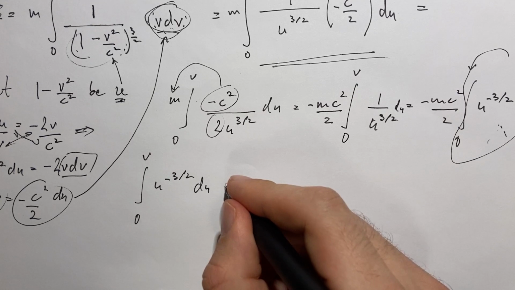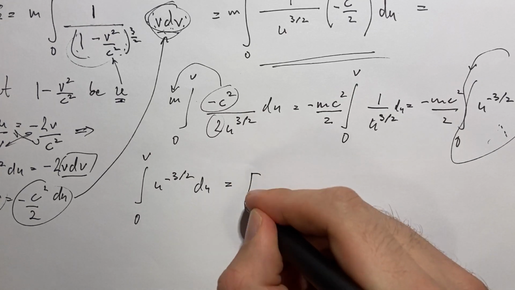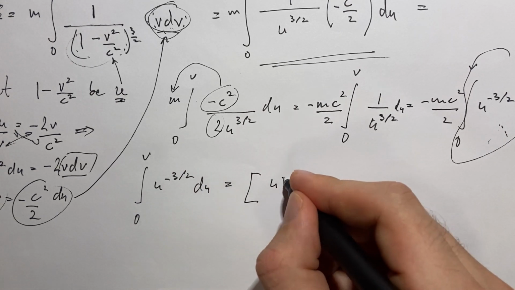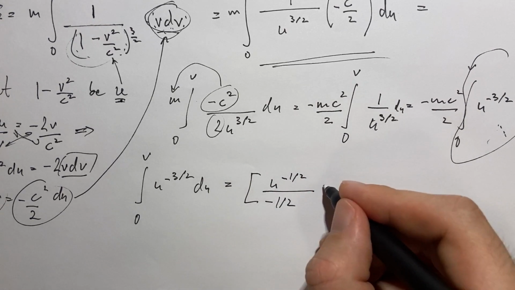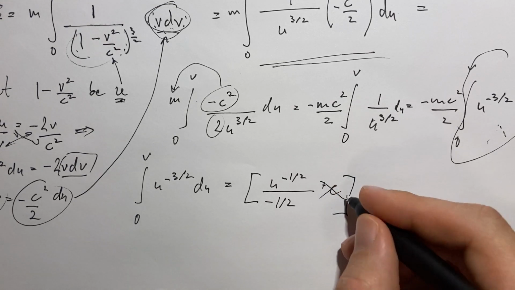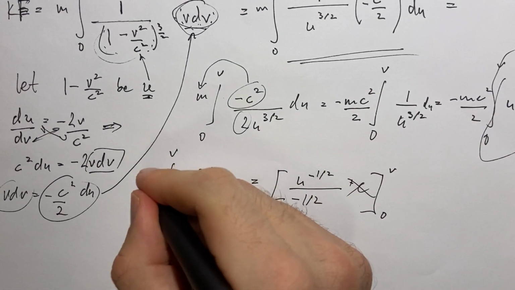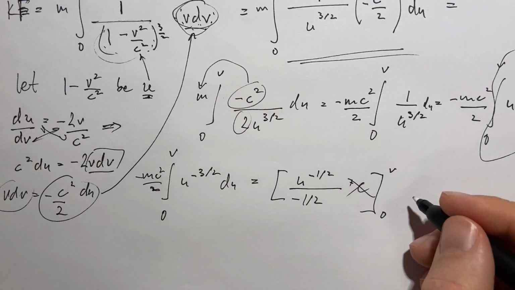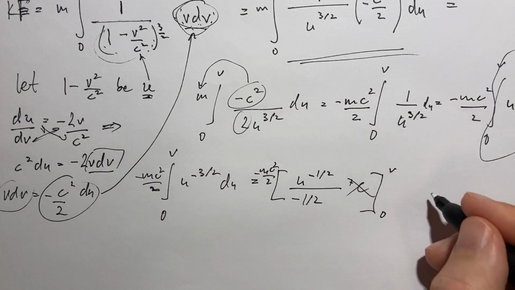So the primitive function of that would of course be u: we add 1 to the power, u to the minus 1/2 divided by minus 1/2, plus c. We don't need the c because the limits will cancel it out. And don't forget the minus mc squared divided by 2 factor.